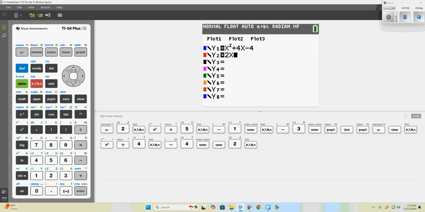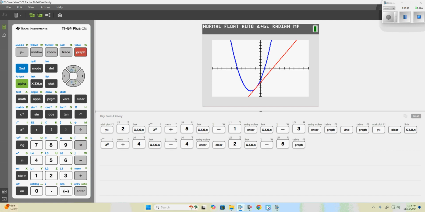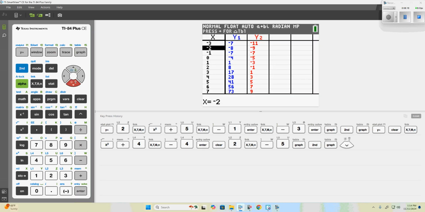Our other equation is 2x minus 5. Once we finish getting them typed in, what are we going to hit? Graph. And we can do second graph, but graph does show us this here. And second graph gives us the table.